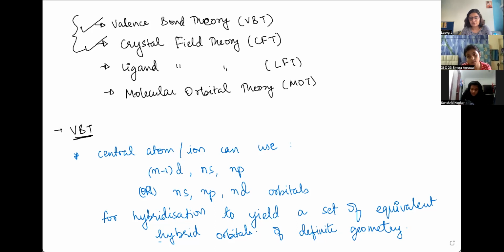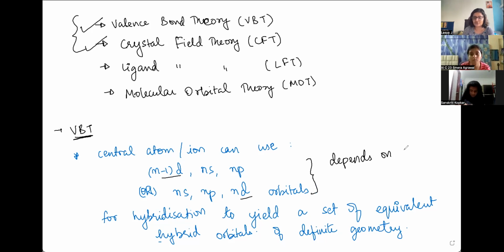Now, a little bit of nuance: when does it use n-1d, ns, np versus ns, np, nd orbitals? Which specific orbitals it uses depends on the availability of empty orbitals for hybridization, and on the requirement, like how many bonds it is forming. Is the coordination number 4 or 6?